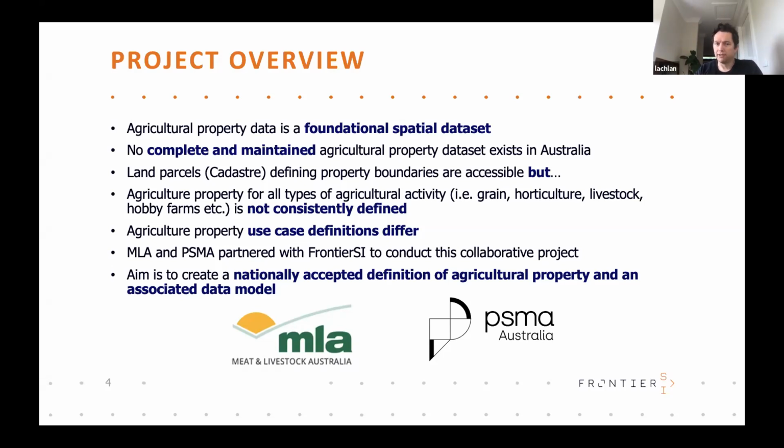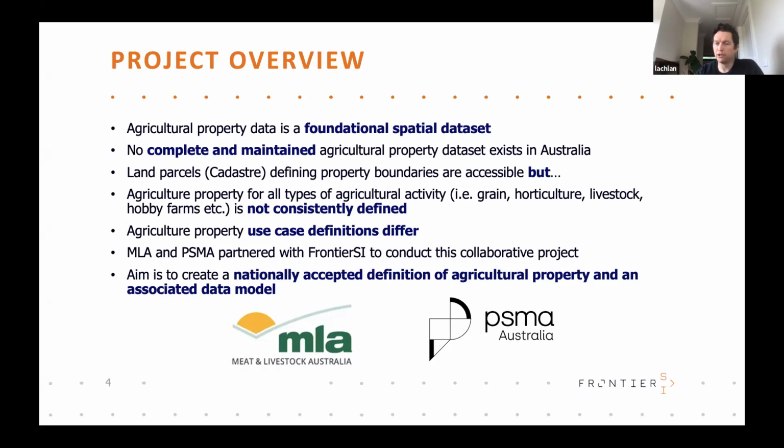It only defines land parcels, which is different to agricultural properties, in the terms that we've defined them. And while there are efforts to define different types of agricultural activity, they're not defined consistently across states or governing bodies.